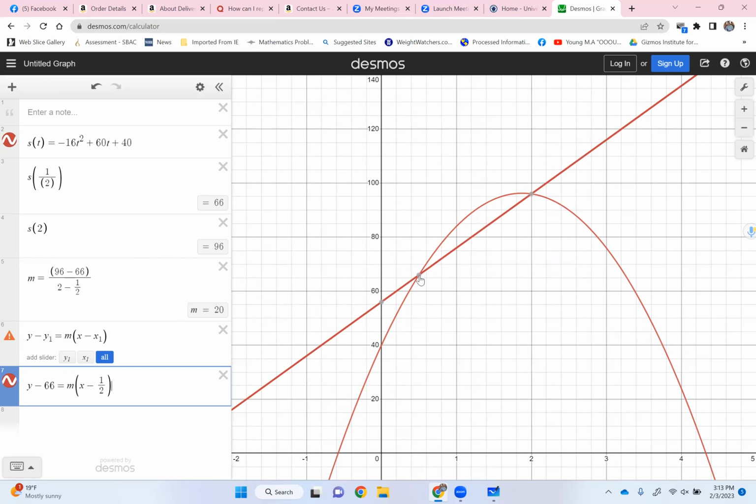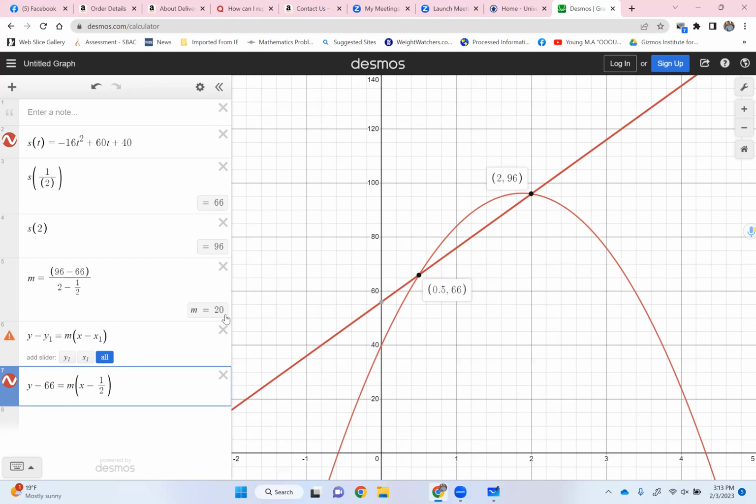And we see that our secant line goes through our 2 points, and the slope is 20. So that means the average velocity from time t equals 1/2 to time t equals 2 is 20 feet. If we were in feet per second, we'd be saying 20 feet per second.